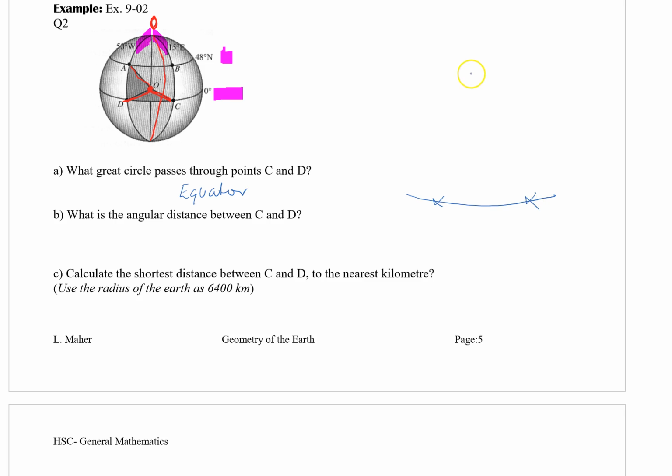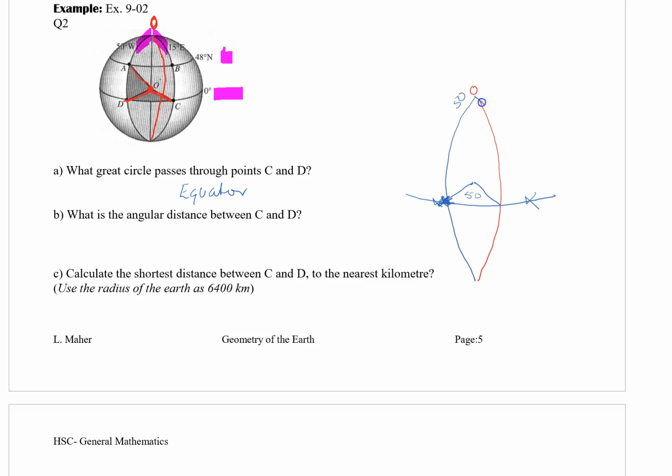What we can't see happening in between C and D is Greenwich. What we can see happening is we've gone, that should be here. I'll just stretch that a bit. That is 50 degrees. So we know from the centre of the Earth to Greenwich and around to here is 50.